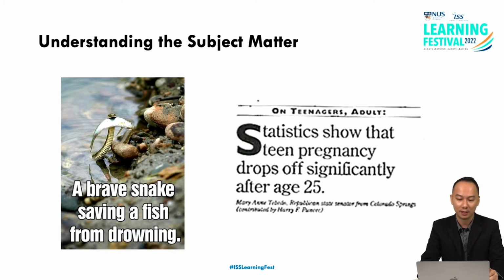Another example I have here, which is taken from a real life newspaper cutting, says that statistics have shown that teenage pregnancy drops off significantly after the age of 25. Now, from a statistics point of view, this is accurate. But if you go by the definition of a teenager, regardless of what country you go to, it wouldn't exceed 18.